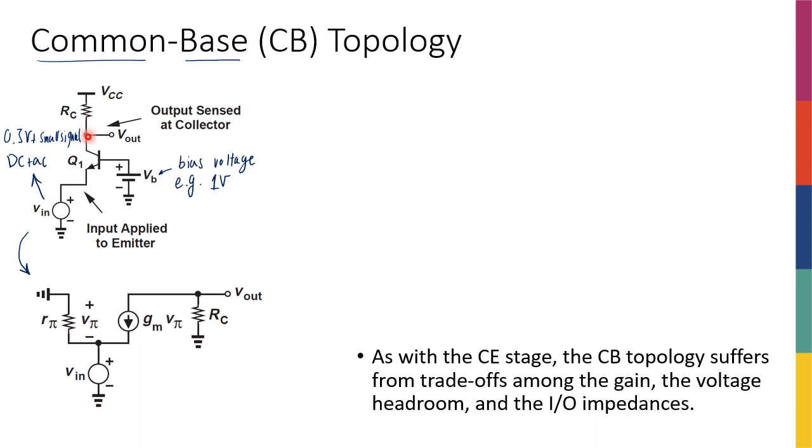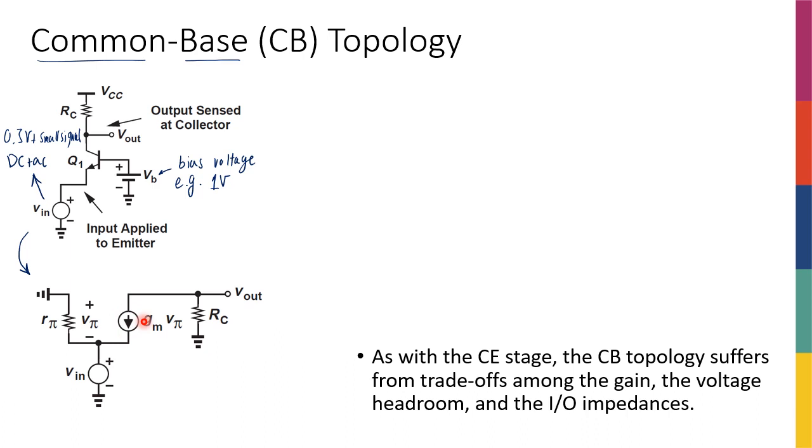On the collector side, I have RC going to VCC, and here I have RC going to ground, because VCC again is a DC voltage. In the AC analysis, it is as good as ground. And as always, I replace my transistor with the pi model, with an R pi here and a gm V pi current source here.